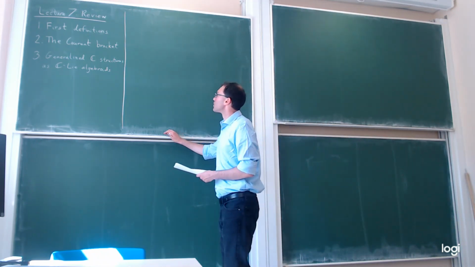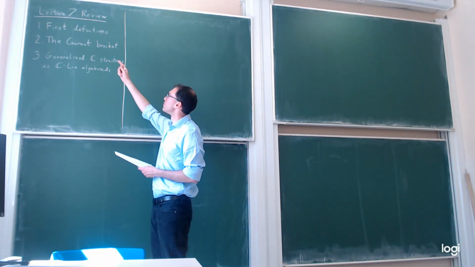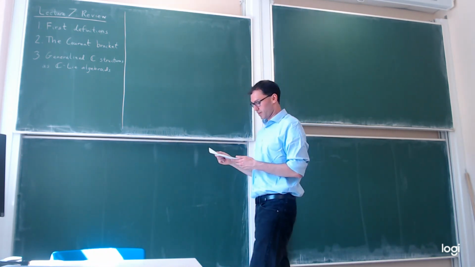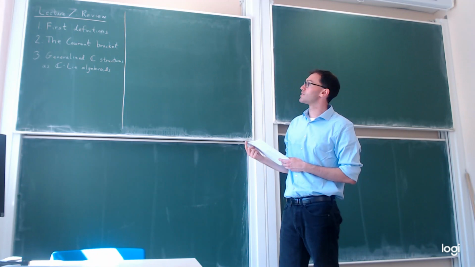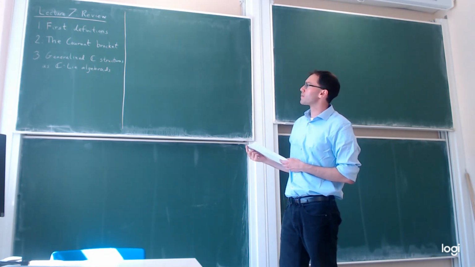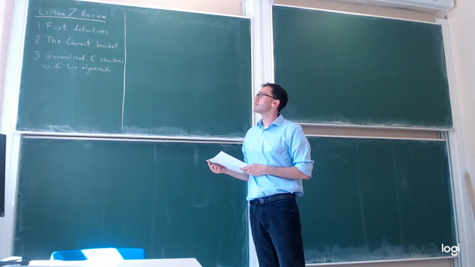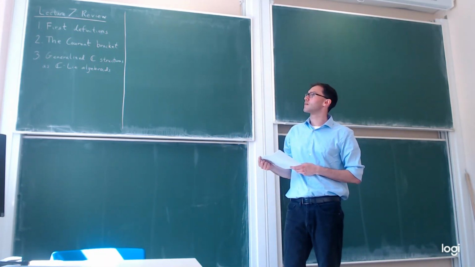All right, so in particular, I'd like to start out with some first definitions. For example, the definition of a generalized complex structure, of course. Then I'd like to talk about the Courant bracket on the extended tangent bundle. And then finally, we will describe how generalized complex structures on smooth manifolds are complex Lie algebroids.